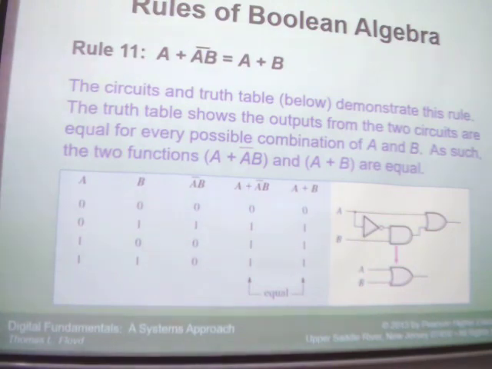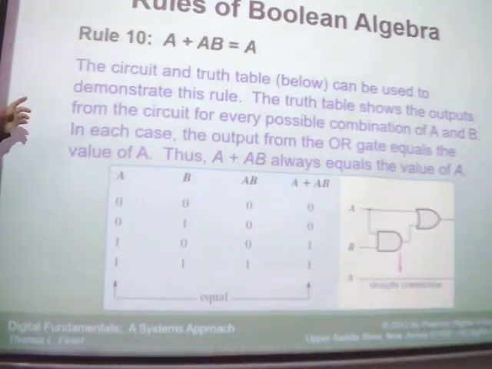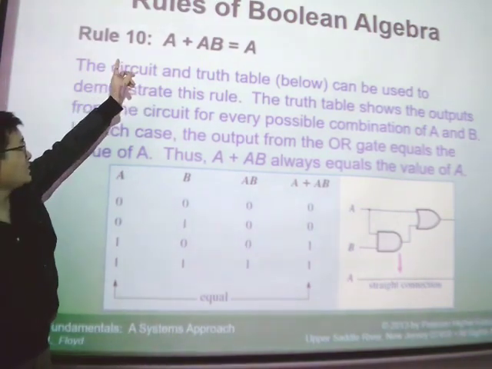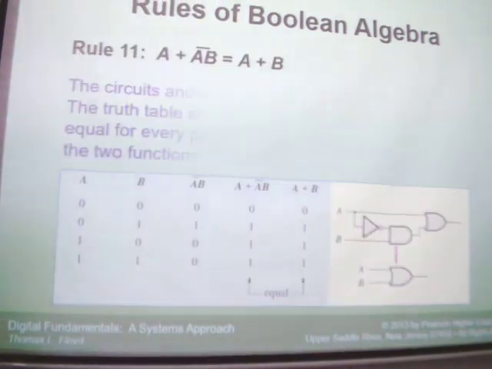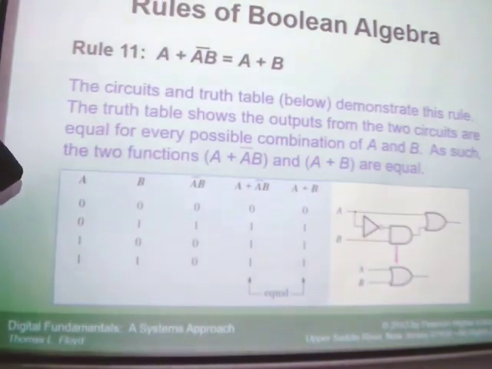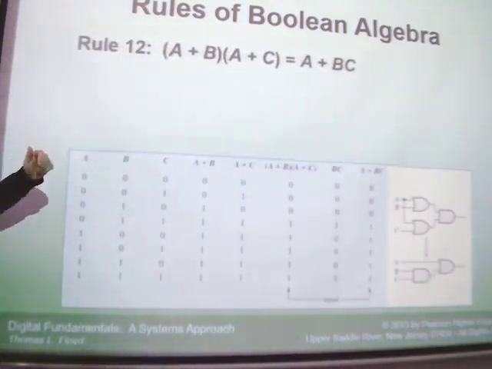The other rules can be deduced easily, so we don't need to remember them. We must remember: A or A and B equals A; A or A bar and B equals A or B; and A or B and A or C equals A or B and C.